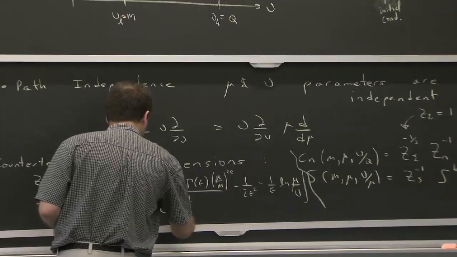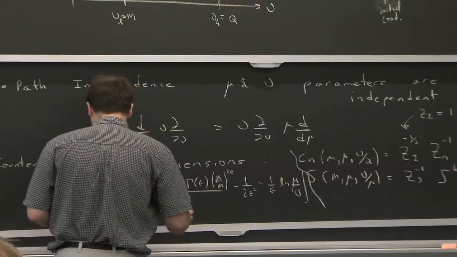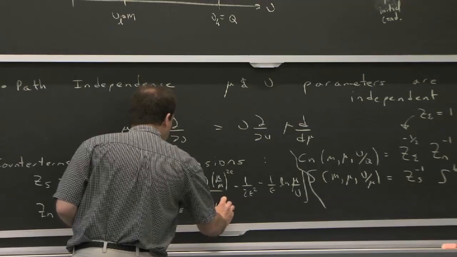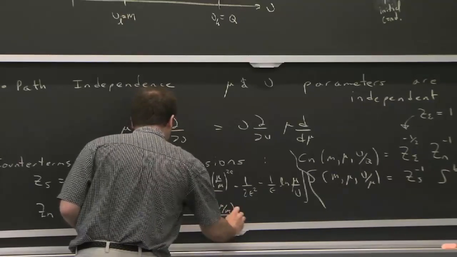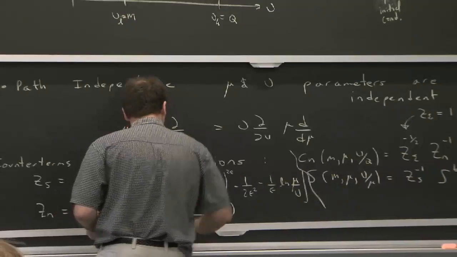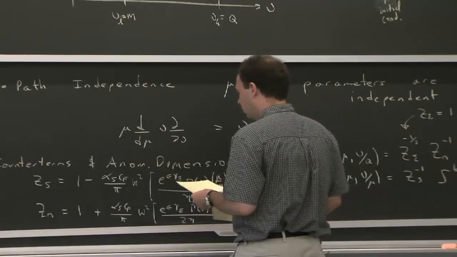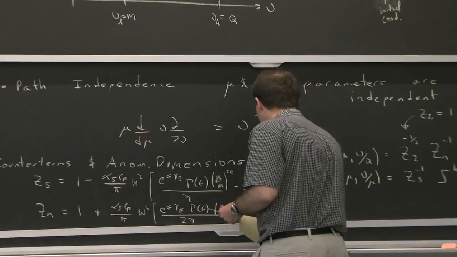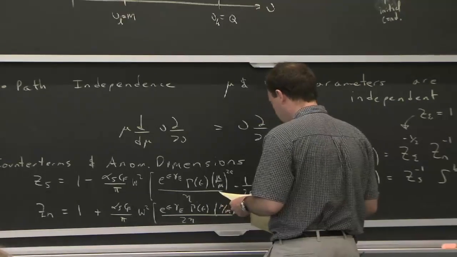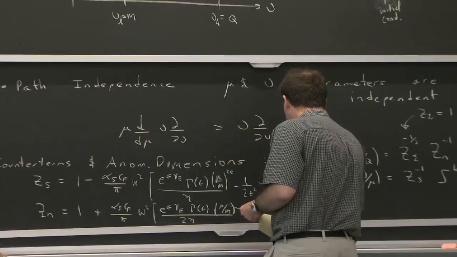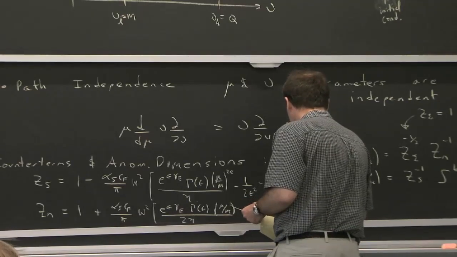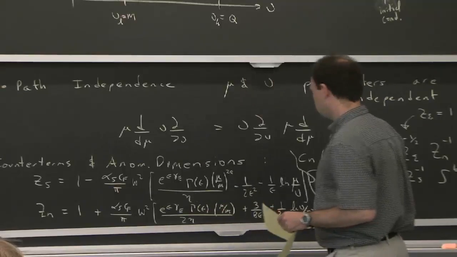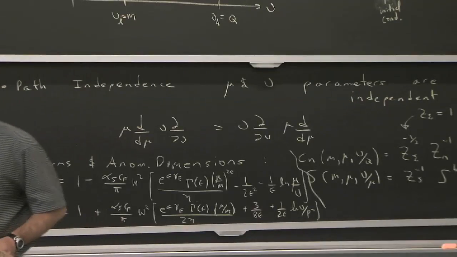We set up our kinematics symmetrically so that there's no difference between Zn and Zn bar. So there's a minus sign, plus sign there. Comes a 3/8 epsilon. So those are the counterterms that we get.